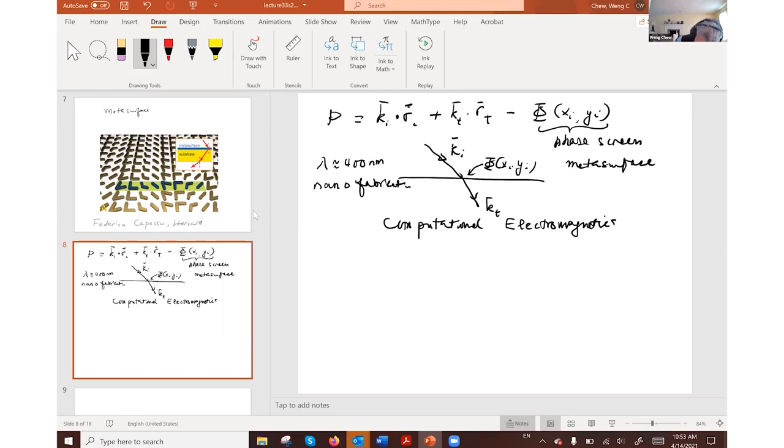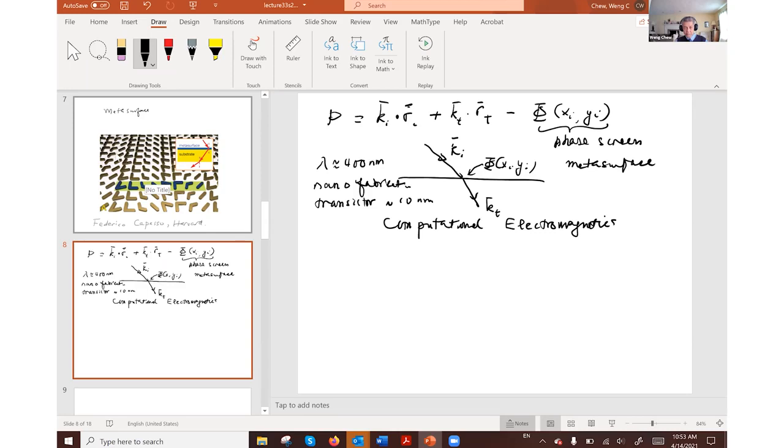For instance, we can make transistors. They are about 10 nanometers in size now. Okay, so we can make a lot of wonderful things that are very, very small, much smaller than the wavelength of light.